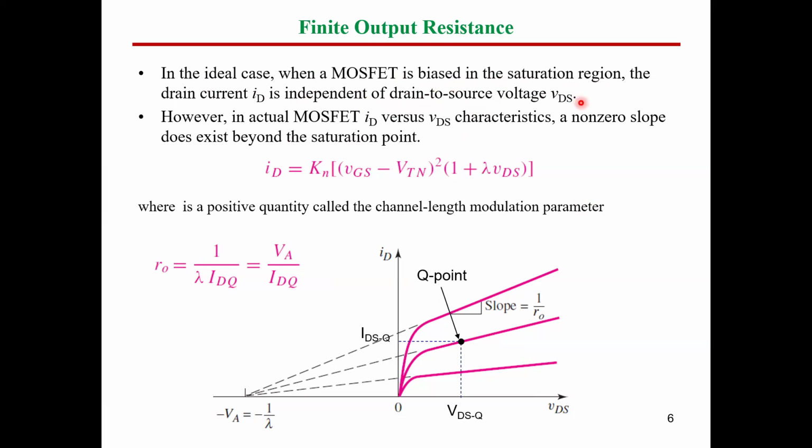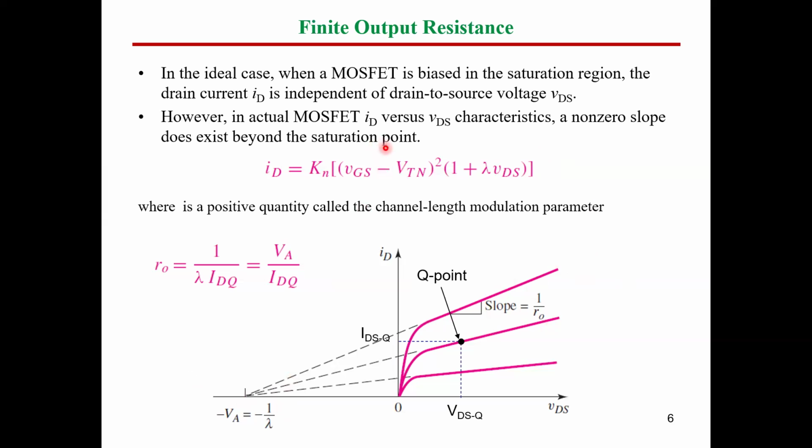However, in an actual MOSFET, the ID versus VDS characteristic has a non-zero slope. So it's not flat. If you extend these lines in the negative VDS direction, all of these curves will intersect at one point. But this point is relatively far.